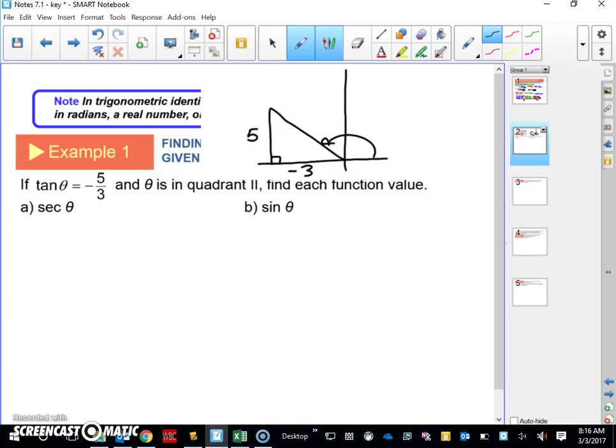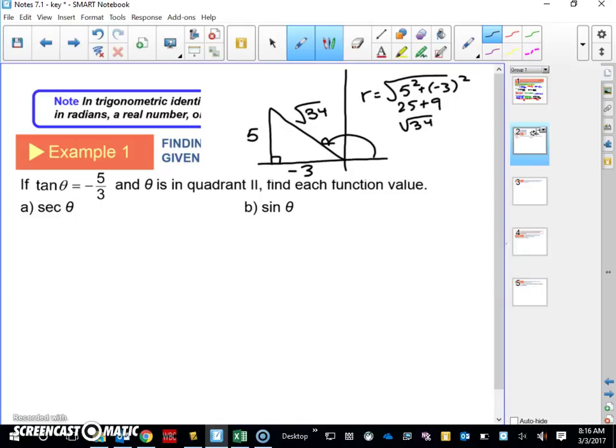Then we could use the Pythagorean theorem to find the hypotenuse, and we call that r. It was 5 squared plus -3 squared. That's 25 plus 9. We've got the square root of 34. That hypotenuse is the square root of 34.